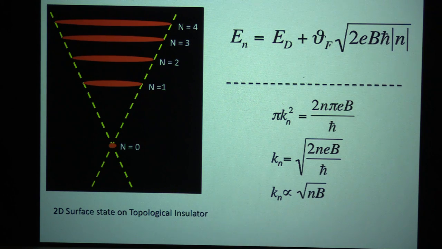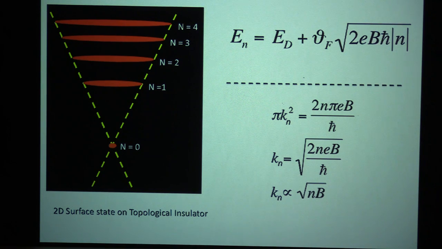So if you measure the energy of any Landau level, which we can because we know the position in energy of the peaks, and you know the index of the Landau level, and B is the magnetic field that we apply, so we know that. That means that if you know E, you know k, and you can plot the dispersion. Now this dispersion is not going to be continuous, you'll get a set of discrete points, but still it is a dispersion.